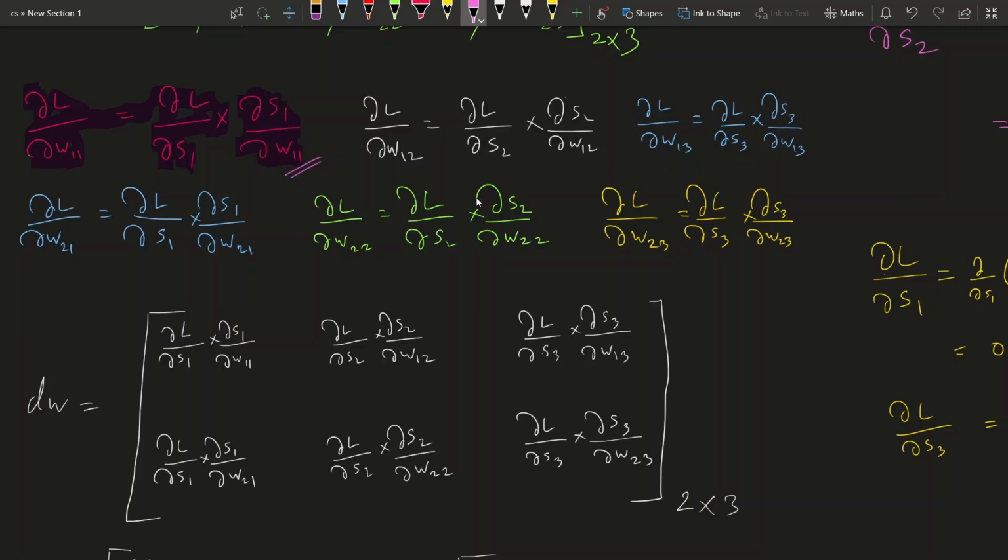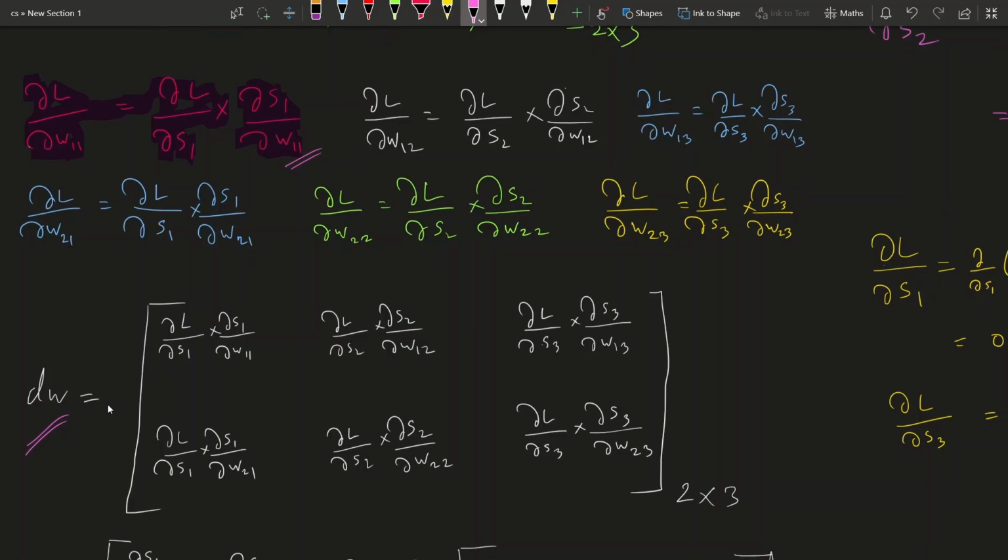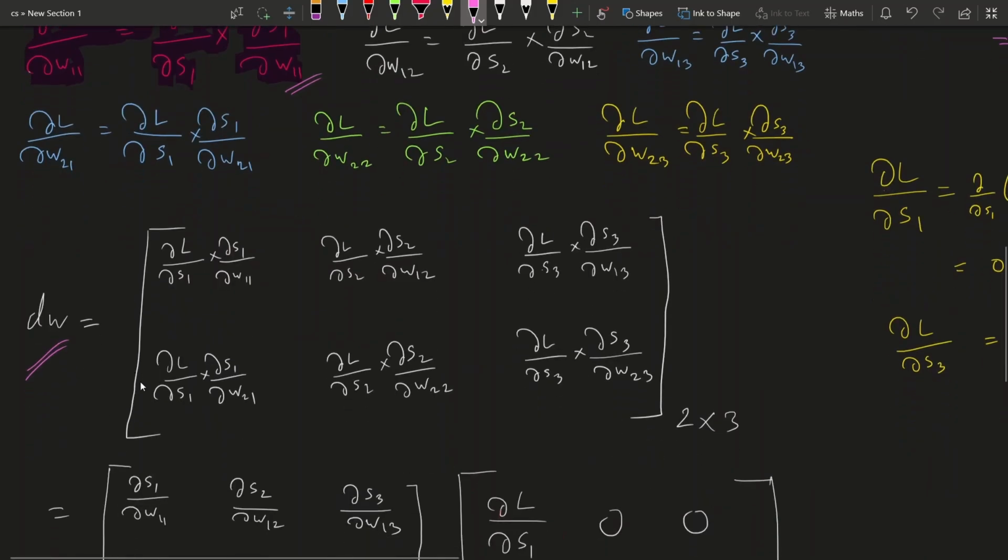Similarly, I have written down the gradients for every single weight, and my final dW looks something like this entire big matrix.